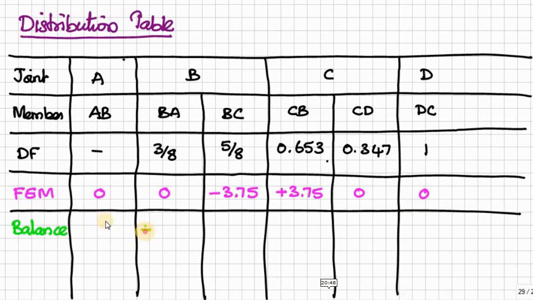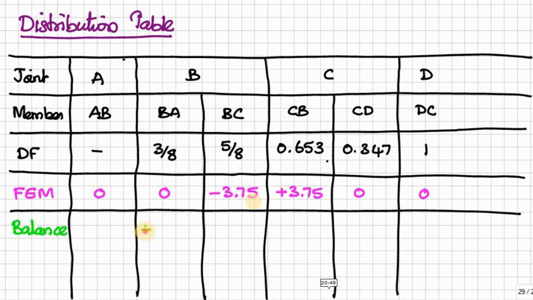So the next step is balance, because see, at joint B, if you sum up the moments, under joint B we have 2 members, therefore we have to add both the moments. 0 plus minus 3.75, therefore the net moment is equal to minus 3.75 at joint B right now.